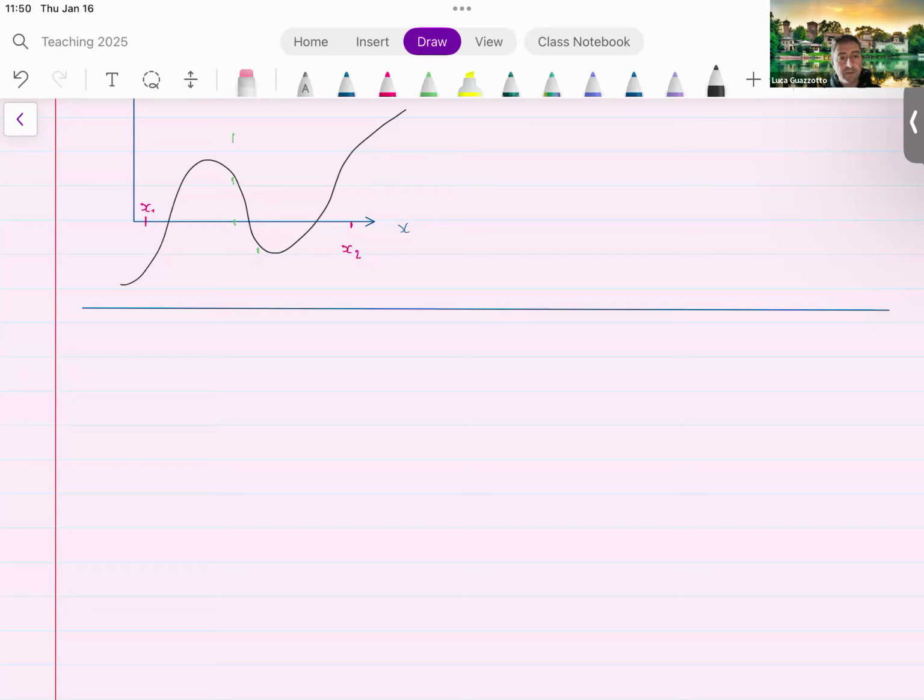Let's say we have x1, x2, f of x1, f of x2, and we do our table like we did before, and we have something like this.